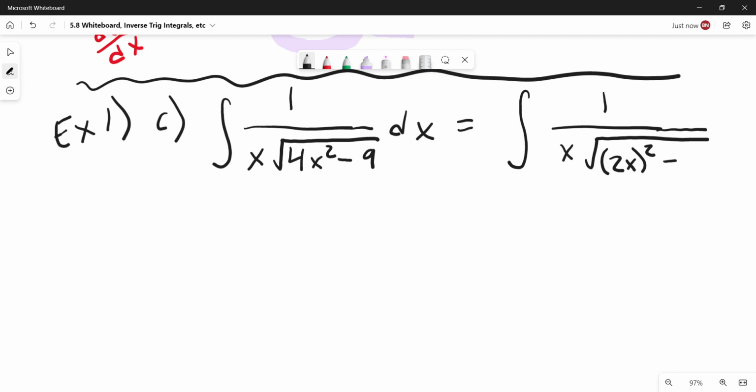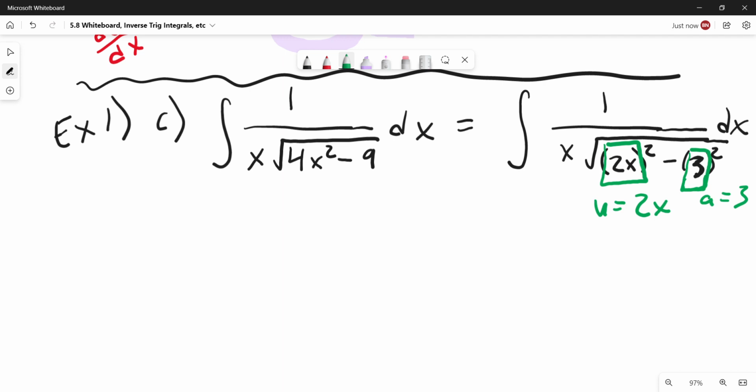We have to write it as a squared. So I'm writing this as 3 squared, like that, dx like this. All right, so this is a 3. So this has to be my u. This has to be, right, 3. Has to be my a.